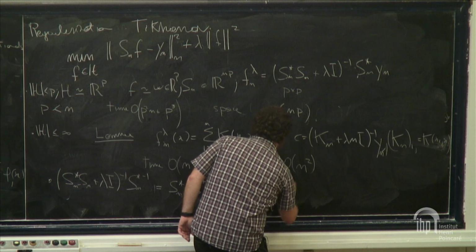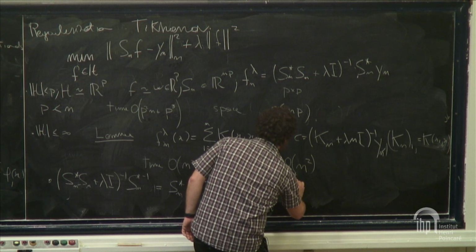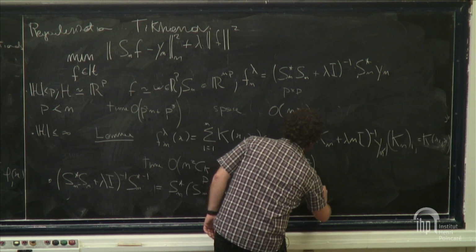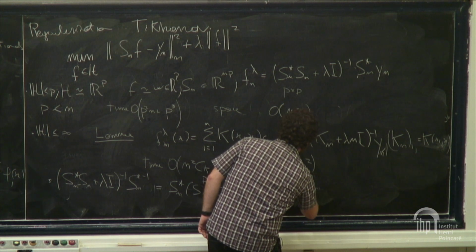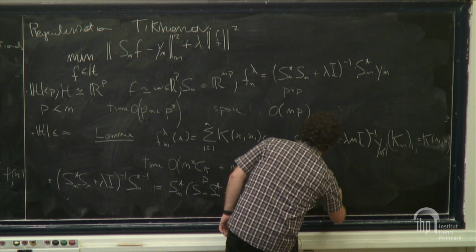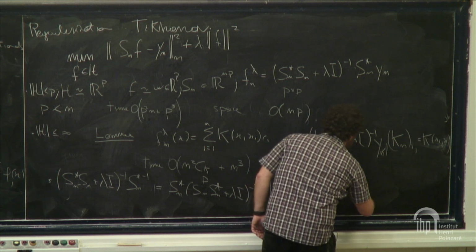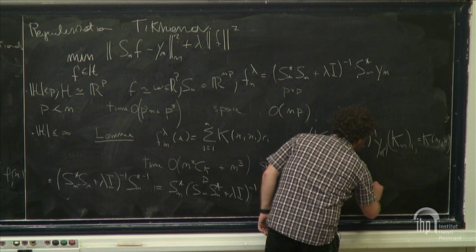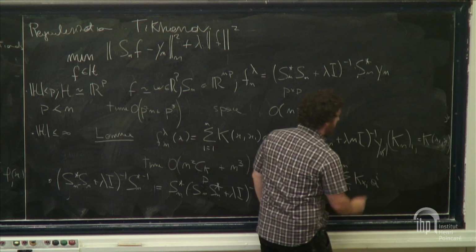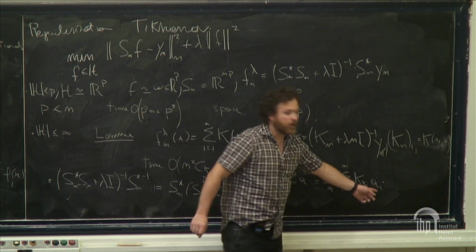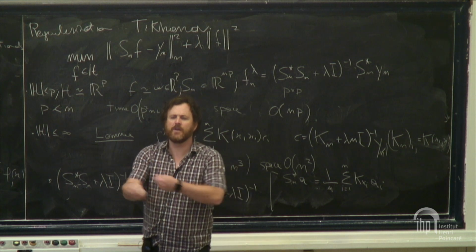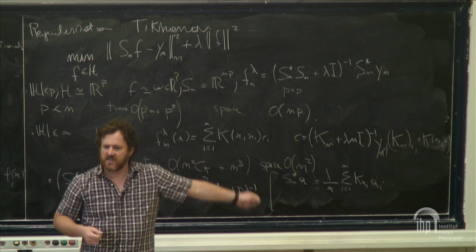The operator S star, if you apply it to a vector a, is just 1 over n, sum over i from 1 to n, of k x_i, a_i. You remember it was the story of the harmonic expansion. That's exactly it.